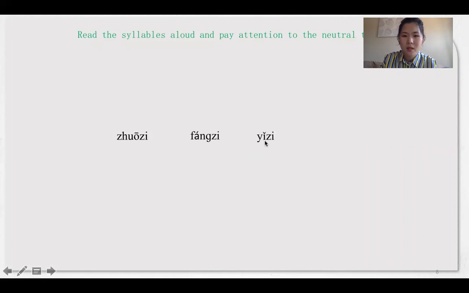And this one? 椅子, 椅子. 柜子, 柜子. 他们, 他们. 人们, 人们. 我们, 我们. 弟弟, 弟弟. Little brother. Okay.